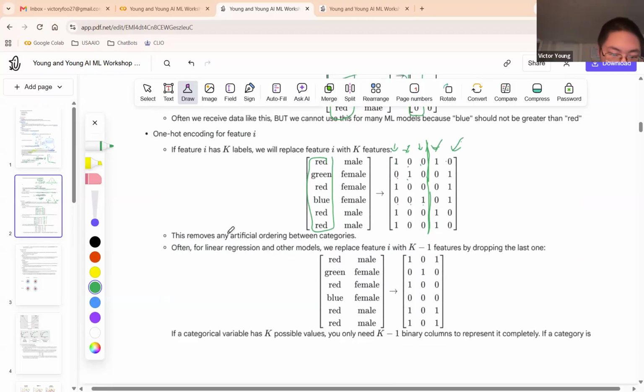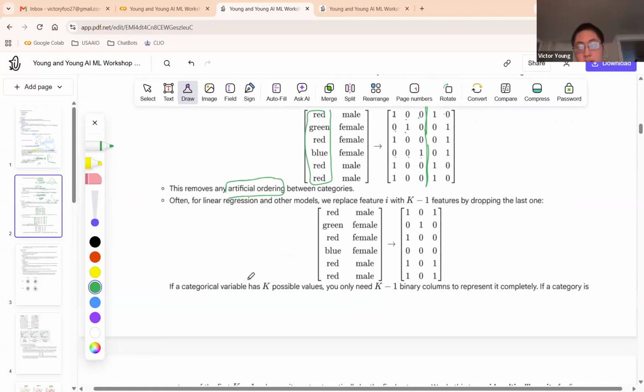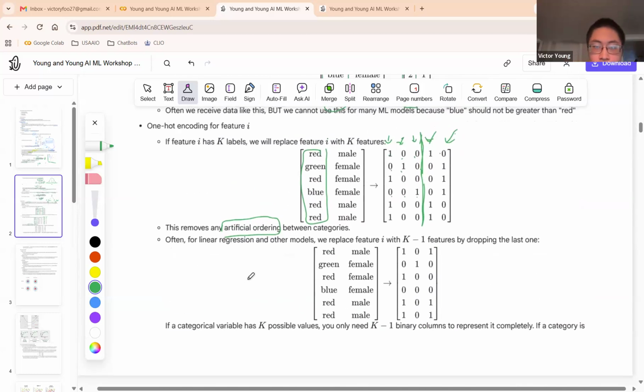Yeah, the main thing is it removes any artificial ordering between categories. And another very little detail that is quite helpful is if we know if it's red or green, we know what it will be for blue. So if we know that red is 1 and green is 0, well, it is already red, so it cannot be blue, so blue is 0.